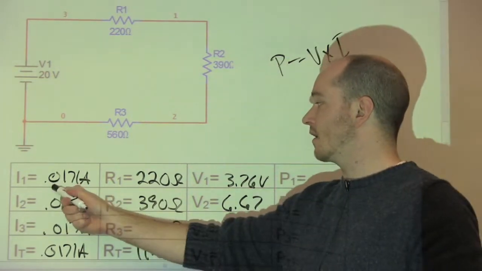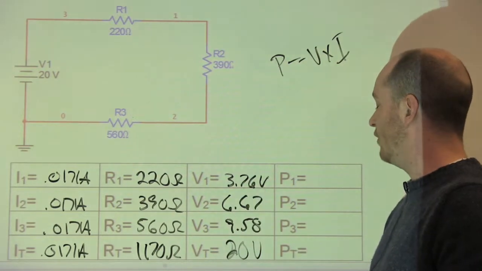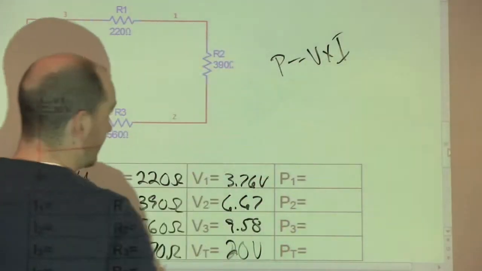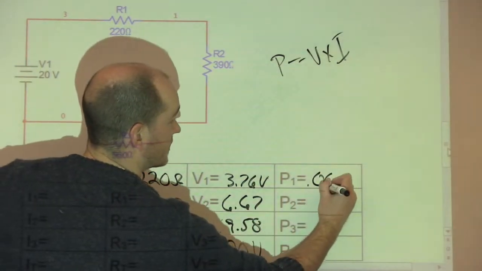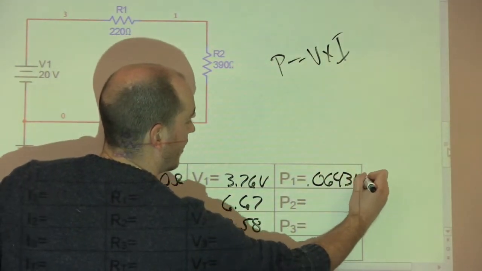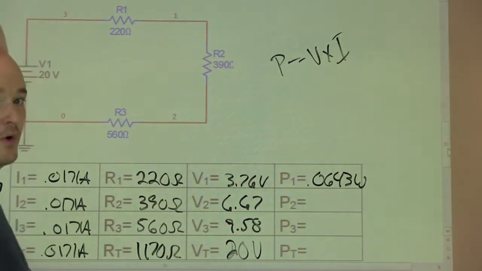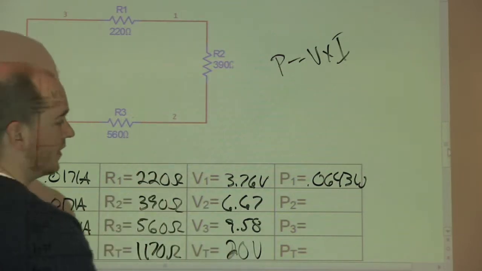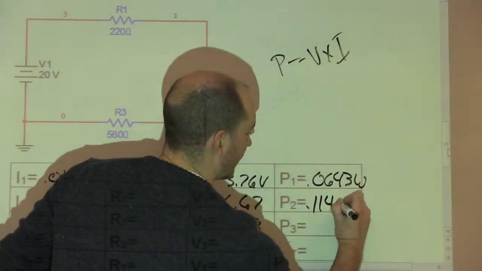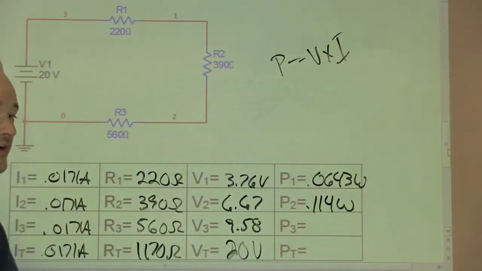So we're going to take our current multiplied by our voltage, and when we do that, we're going to come up with roughly 0.0643 watts, or 64.3 milliwatts. Calculate out the next one. Again, voltage times current, and you come up with 0.114 watts, or 114 milliwatts.